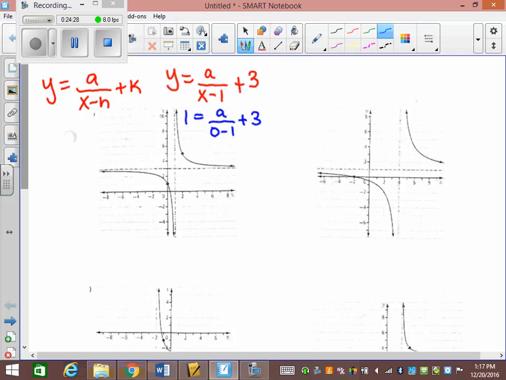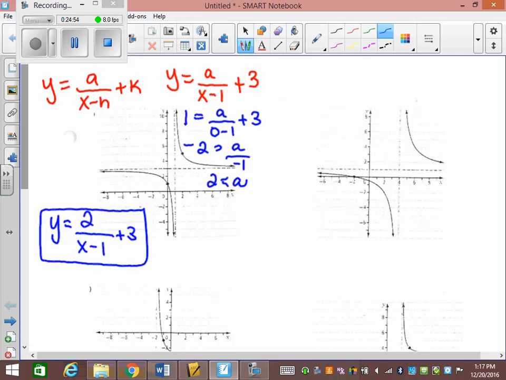Some people try and move this first. Don't. Move the 3. If I subtract 3, I get negative 2 equals a over negative 1. What do I have to do with that? Bring it up. Negative 1 times 2 is 2, so a equals 2. So what's the equation of this graph? y equals 2 over x minus 1 plus 3.